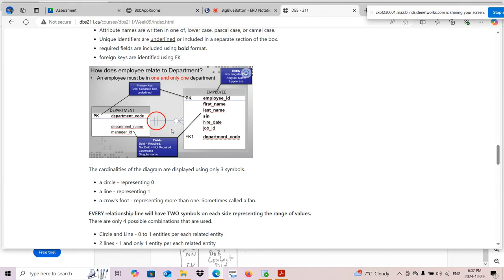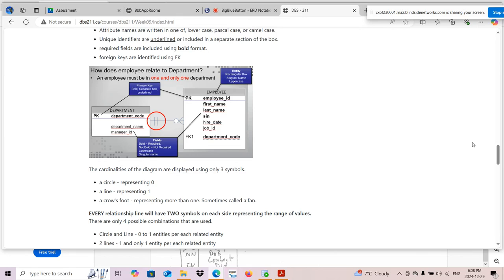That's what this cardinality or the participation is, whether every row of a table is participating or not, optional or mandatory. So again, this means a department may have an employee working or may not, but if there is an employee, he must be working for a department.